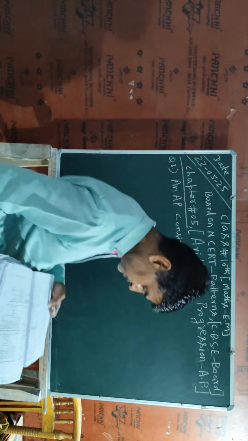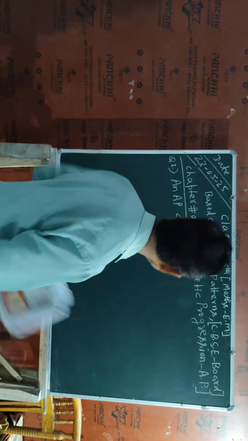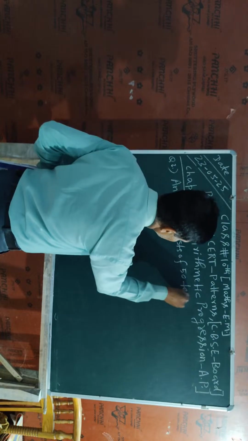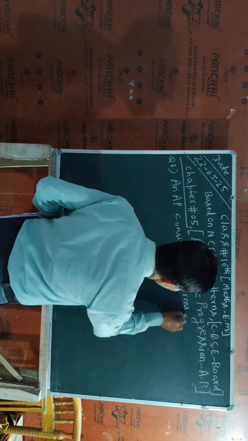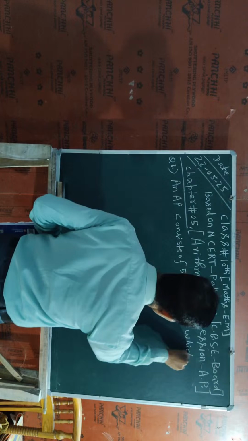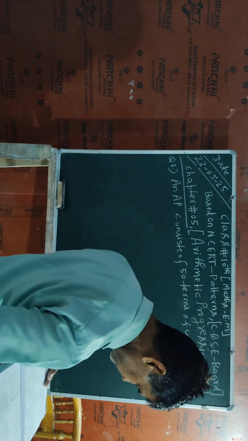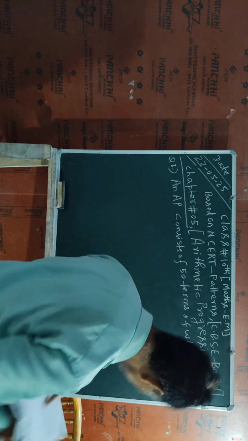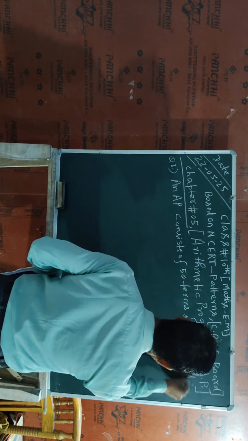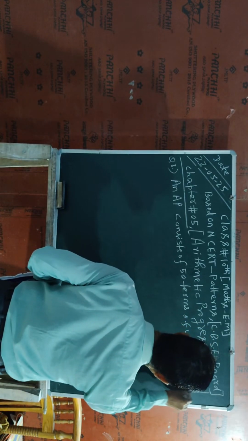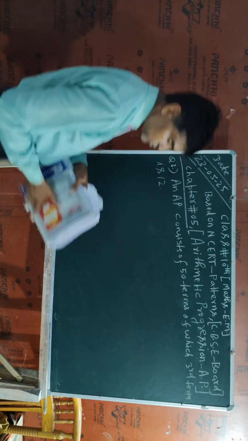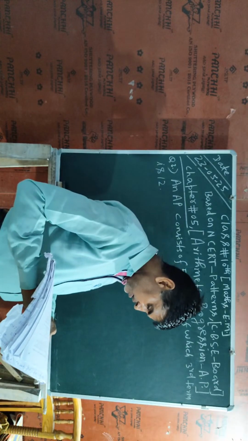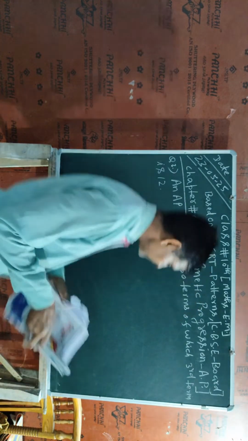An arithmetic progression consists of 50 terms, of which the third term is 12, and the last term is 108.